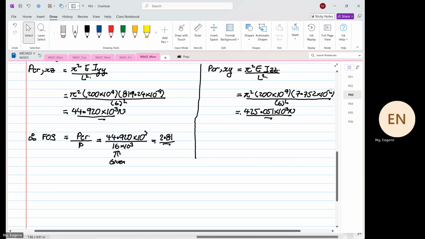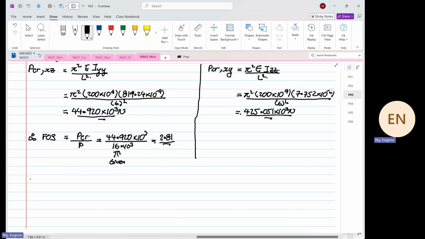Then you have to do another check. You have to check to ensure that the stress critical has to be lower than the yield. Now this is extra, okay? We're not given a yield, but you have to check.